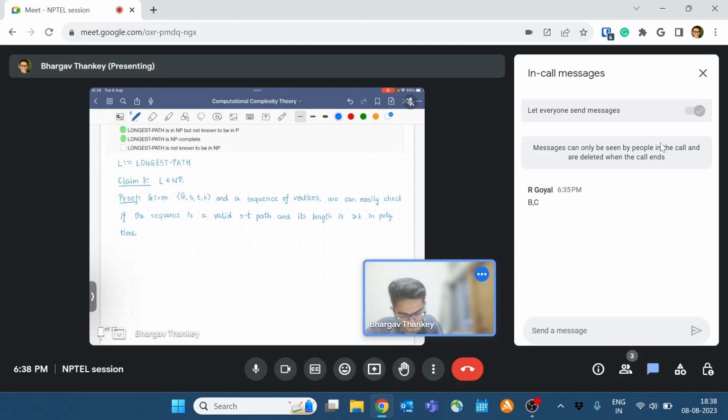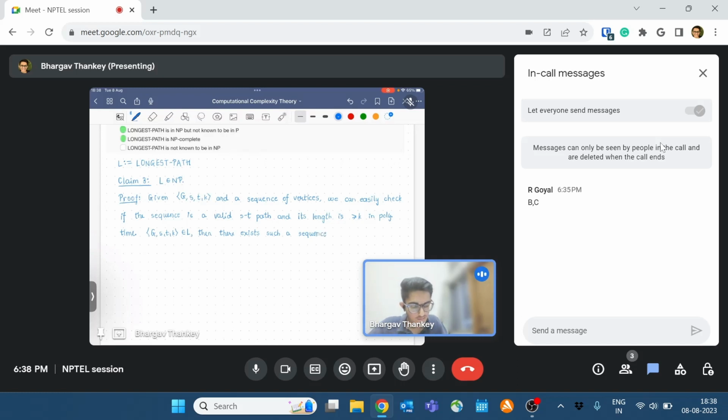And now if G, S, T, K were in L and there exists such a sequence, why?